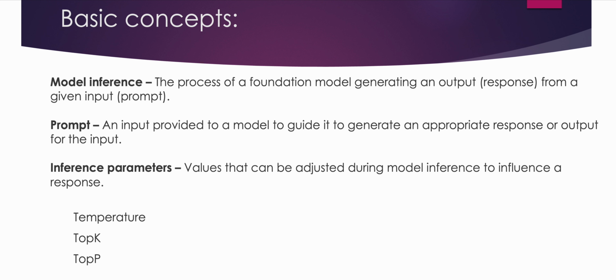So if you want the model to choose one of the most likely outputs, then you need to reduce the top K. For example, if you have a top K value of, let's say, 20, in that case, the model can select from the 20 most probable tokens that could be next in the sequence, and that may have some of the less likely output tokens as well. So if you want a more likely output to be considered, then you need to reduce the value of top K. And top P is nothing but top K, but in terms of percentage rather than number.